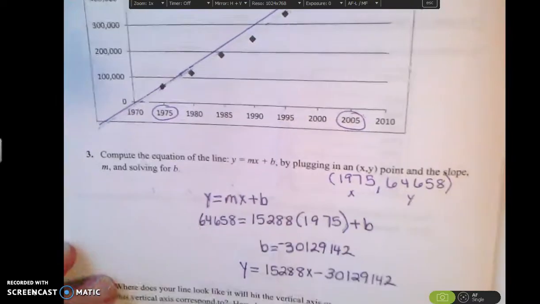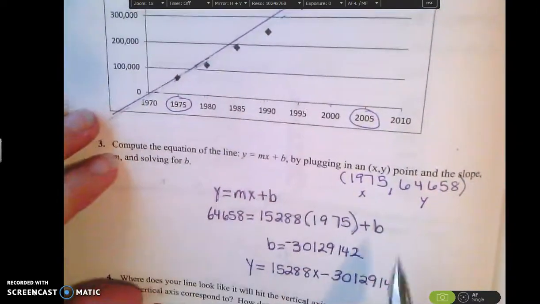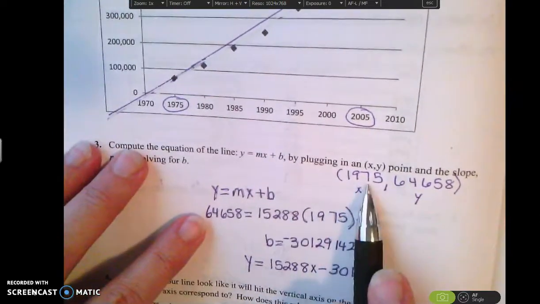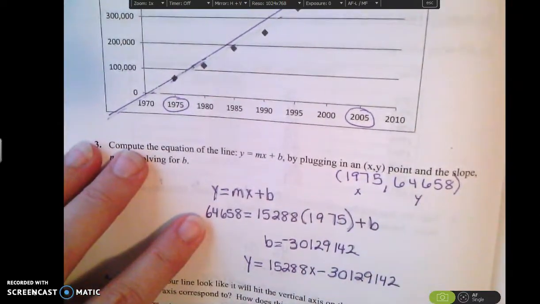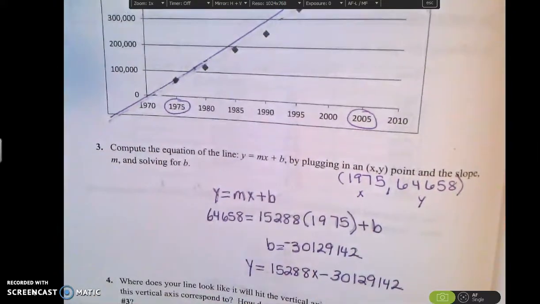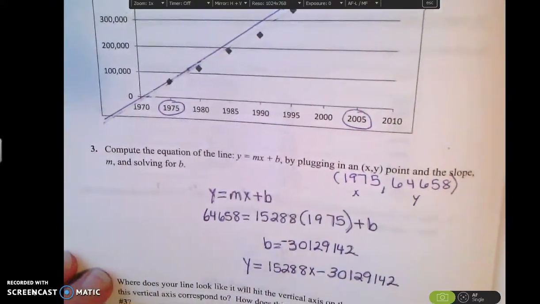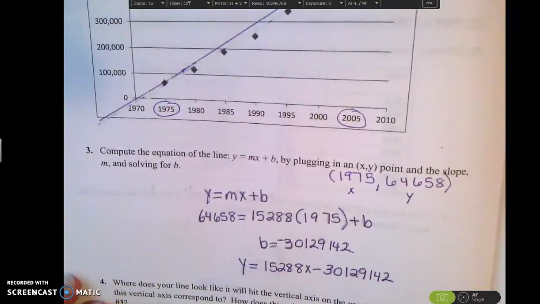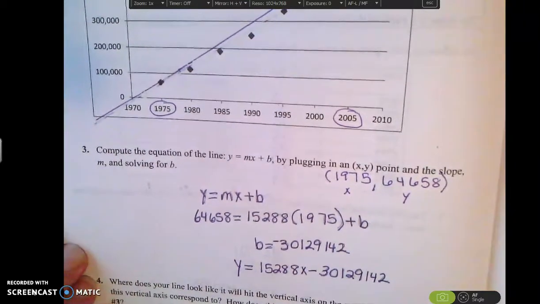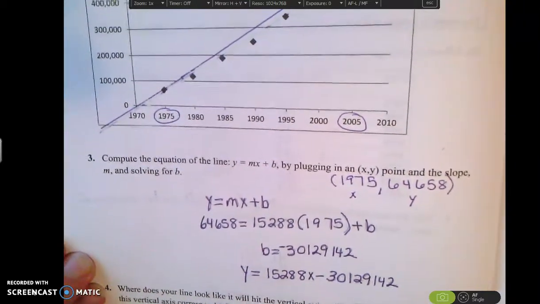We got that slope on the other side, that was the 15,288. And we're going to use the point 1975 and 64,658. It does not matter which point I used on the graph. I could have used the 2005 and I would have gotten an answer similar to this.